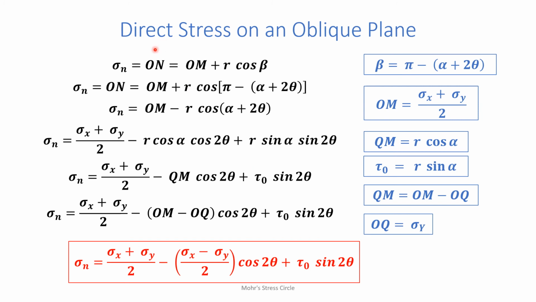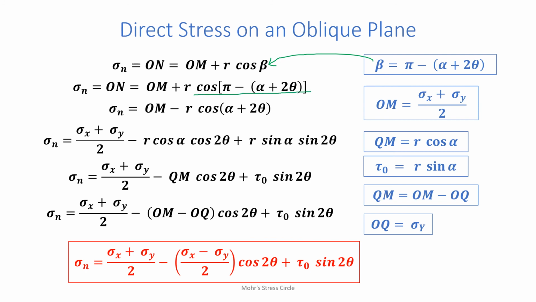We take these observations from the Mohr stress circle to the next slide and derive the relation for direct stress on an oblique plane, sigma n. As per the previous slide, sigma n, that is ON, is equal to OM plus R cos beta. We substitute the value of beta here and get this relation.